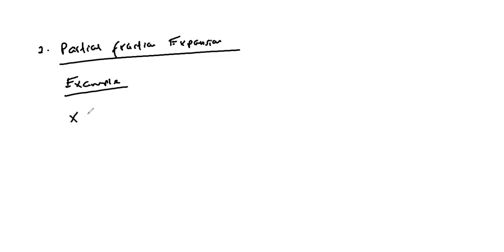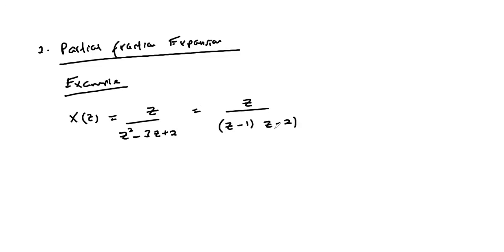So our function was x of z is z over z squared minus 3z plus 2, which can be written as z over z minus 1 into z minus 2.